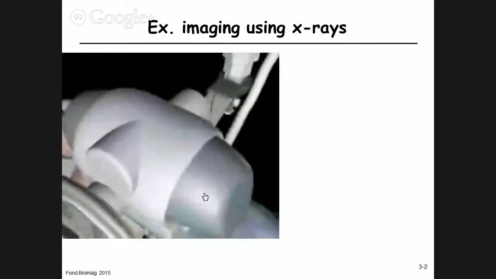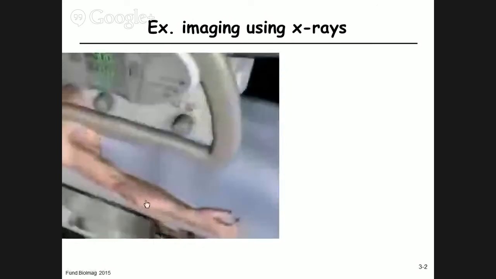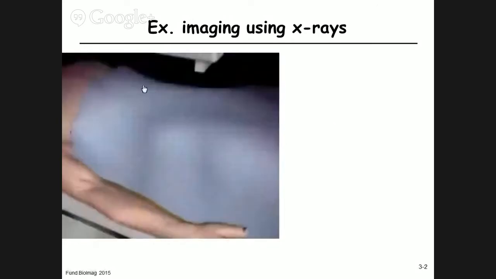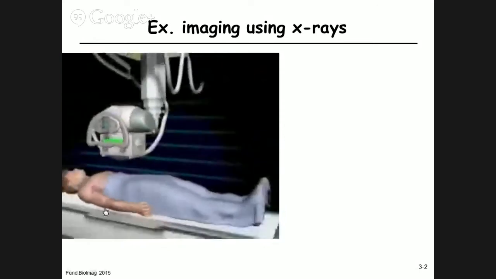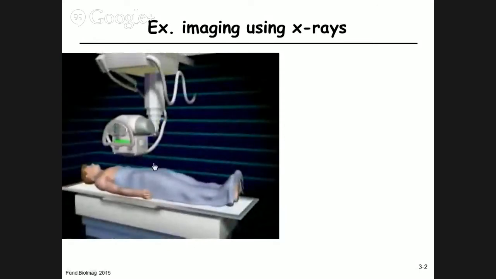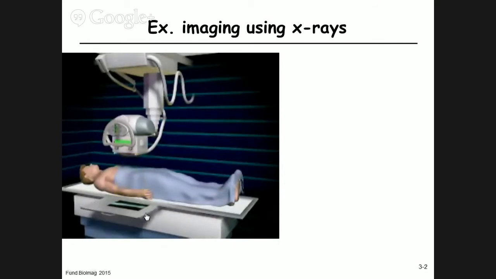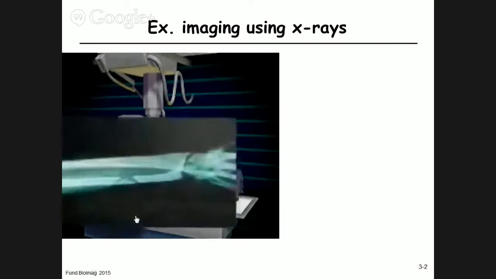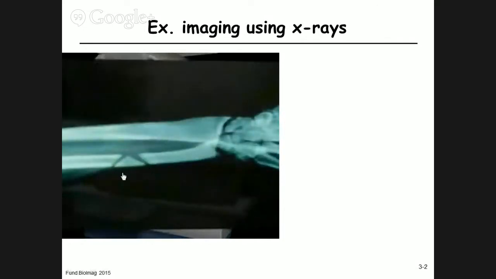Then we have the shield, and the X-rays are emitted. So they are, in this case, sent to the arm. You can see the person is here protected. The X-rays penetrate the arm. And then at the end, in a conventional X-ray, you get the X-ray image. And here in this case, there's a fracture.